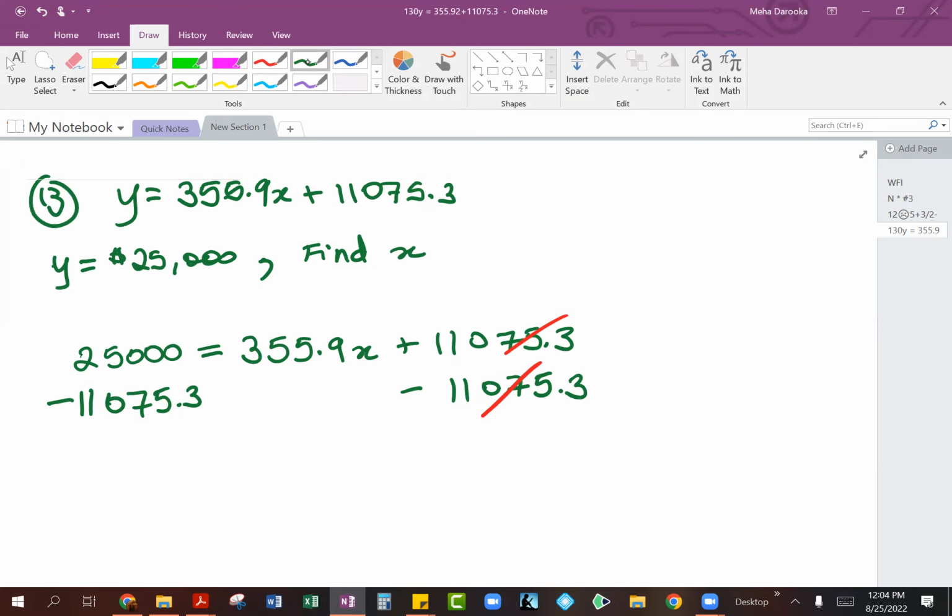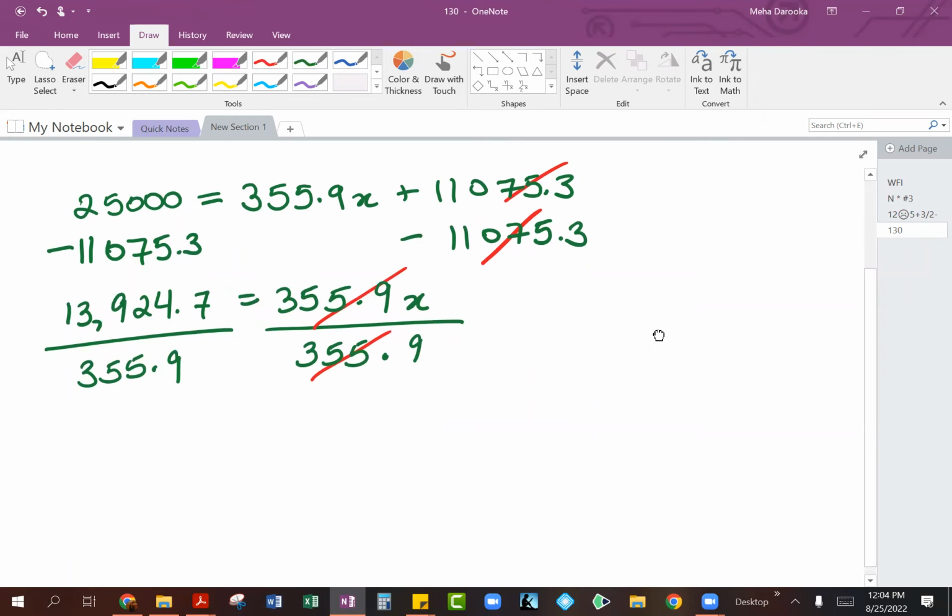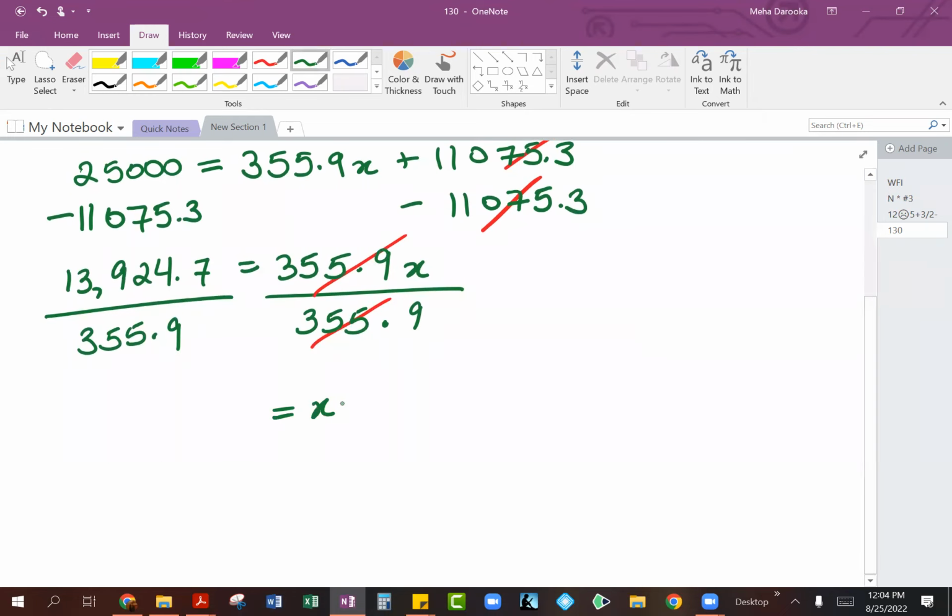All right, so when we do this little subtraction over here, it's coming out to be 13,924.7. And then you divided it by 355.9 to get our X by itself.